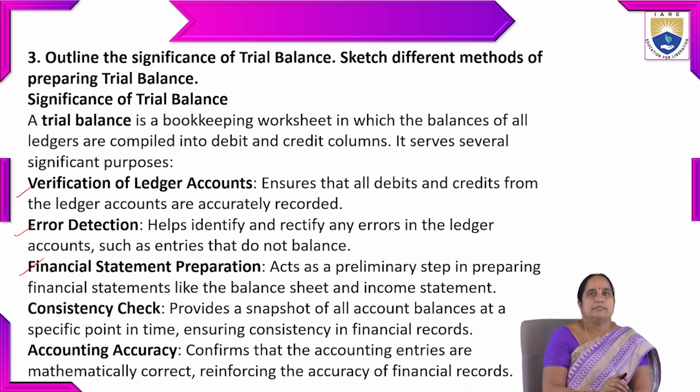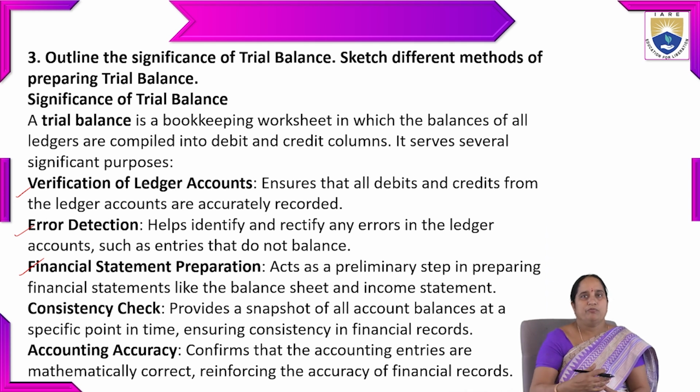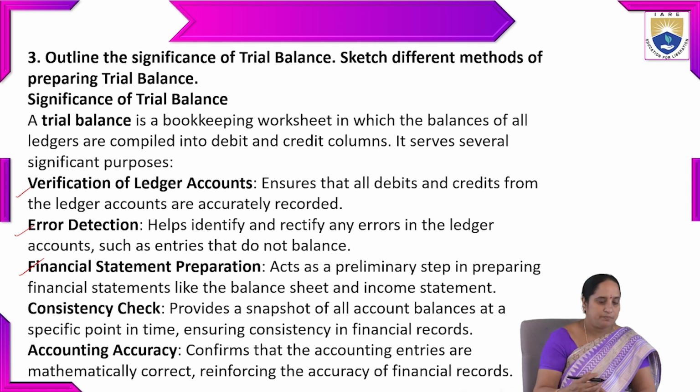It acts as a preliminary step in preparing financial statements like the balance sheet and income statement. So, before preparing the final accounts, every accountant will prepare the statement of trial balance so that they are able to detect any errors that occurred while recording and maintaining the records.